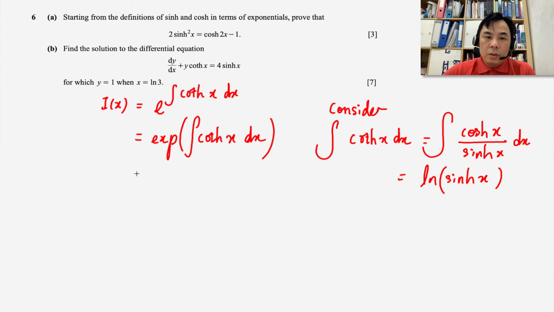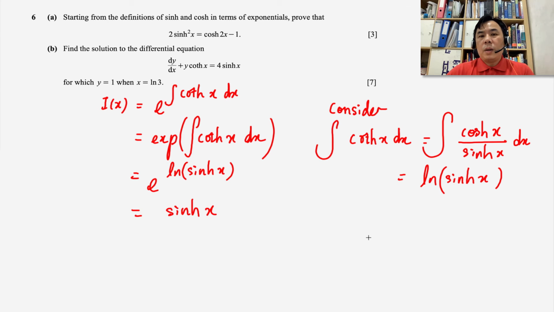And then therefore these sections will be e to the power of ln sinh x, and that would yield sinh x. All right. Now I hope that is clear at this point. That is how we obtain the integrating factor. Once we have done that, we're going to use this integrating factor to complete the solution to the first order differential equation. All right, so I'm going to pause for a while.